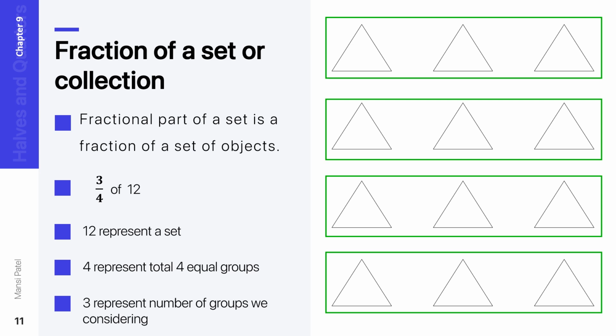So again, this is another way to divide these 12 triangles into equal parts. How many groups are there? 4 groups. In one group, how many triangles are there? There are 3 triangles.